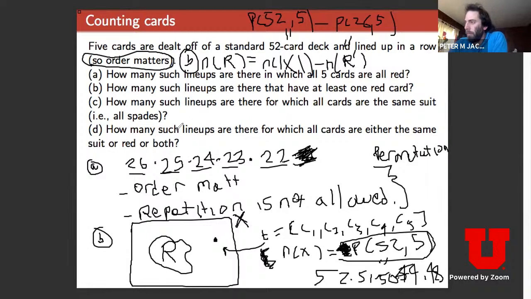The next one is how many such lineups are there for which all cards are the same suit. There are 4 suits. Each one has 13 cards in it. And so the number of ways to choose 5 from one suit, let's just say it's the spades, would be 13 times 12 times 11 times 10 times 9. So that's just P of 13, 5.